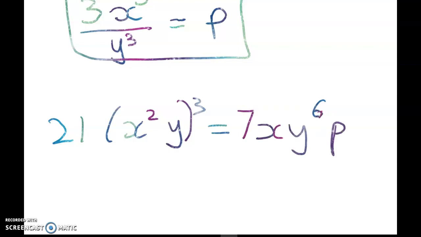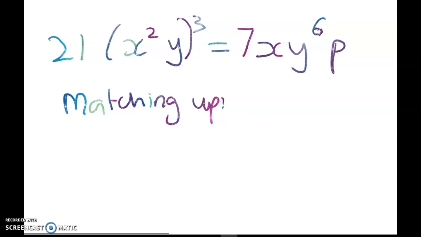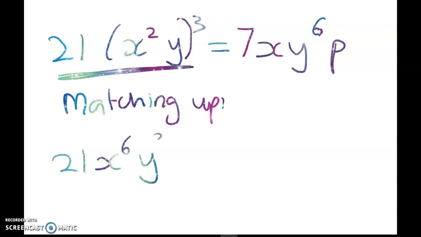Well, we could say that we're going to match things up. So matching up, what do we get? Well, on the left-hand side, we're going to clean this up like we did before. We're going to have 21 x to the power of 6 y cubed is equal to 7x y to the power of 6 times what? Well, I need to get my 21 here, so it's going to be times 3.